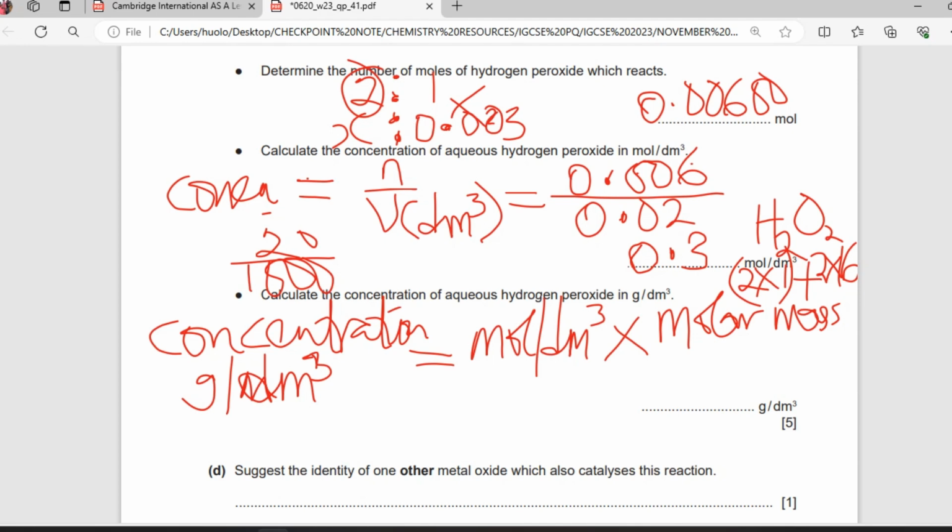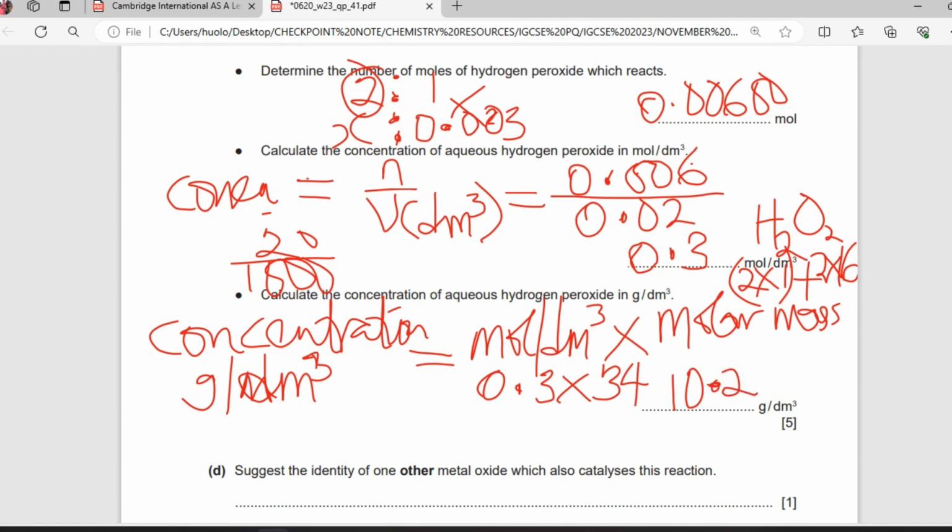So you have 0.3 multiplied by 34, and that gives us 10.2.